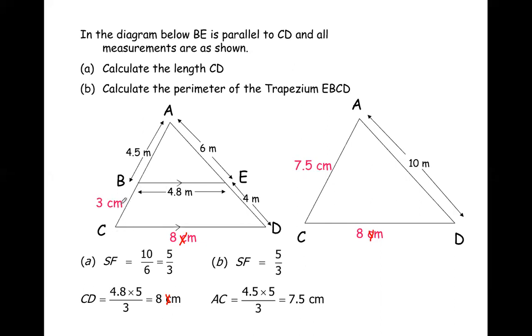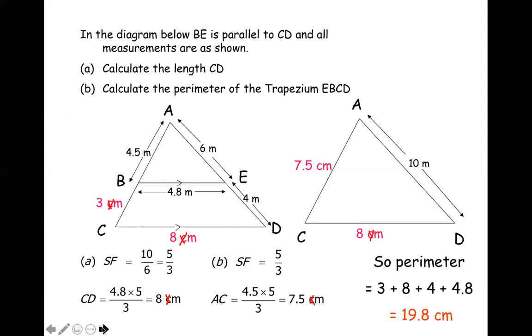So now you just add 3 plus 4.8 plus 4 plus 8. And that should give you everything you need to find. 3.8 plus 4 plus 4.8 is 19.8 meters. Okay, so that's how you do that, by going step by step till you find everything you need from those two triangles.